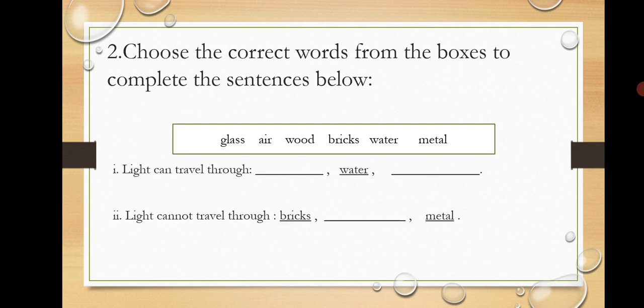So, light can travel through, tell me, first, glass, water and air. 2. Light cannot travel through dash, dash and dash. Light cannot travel through bricks, wood and metal.